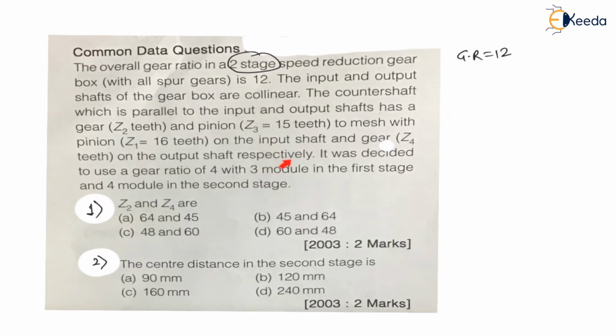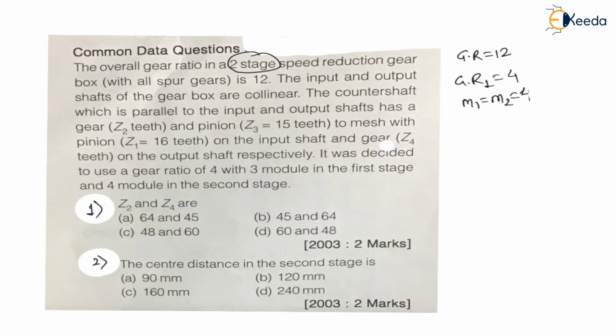It was decided to use a gear ratio of 4 with module 3 in the first stage. In the first stage, gear ratio is 4 and the module M1 is equal to M2, because gears 1 and 2 are in mating. For mating gears, module is always the same.